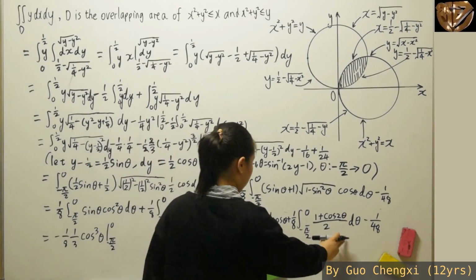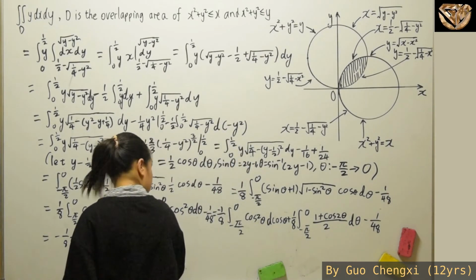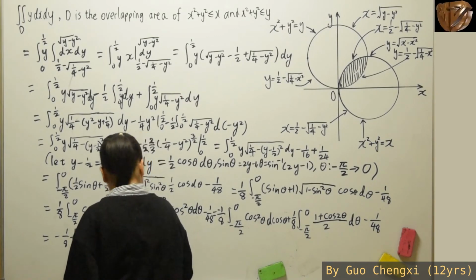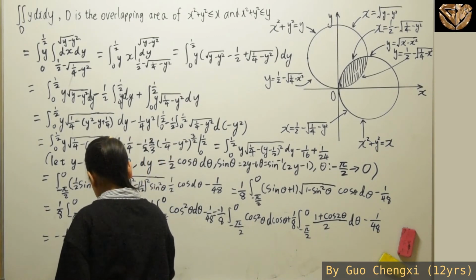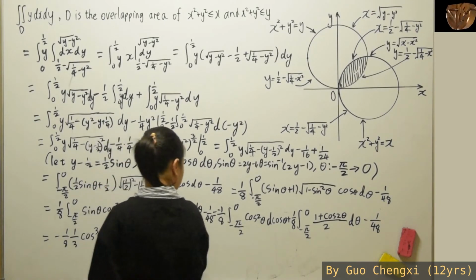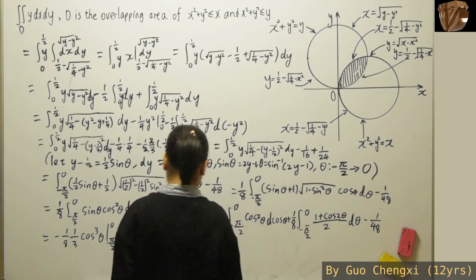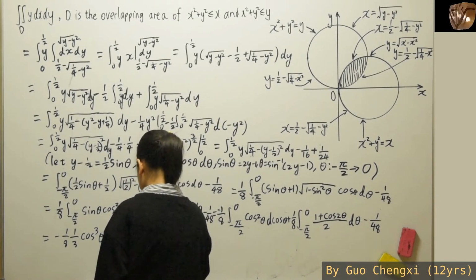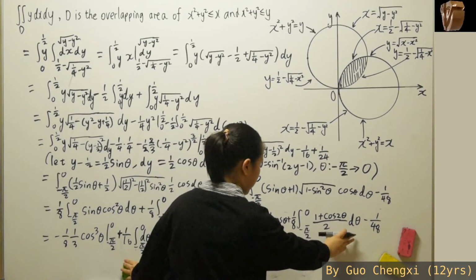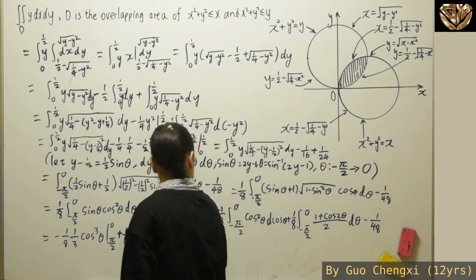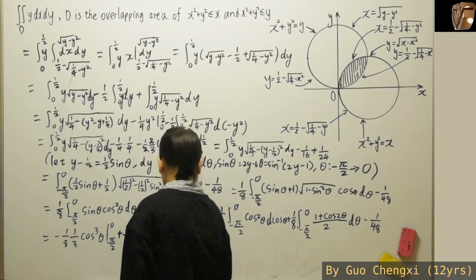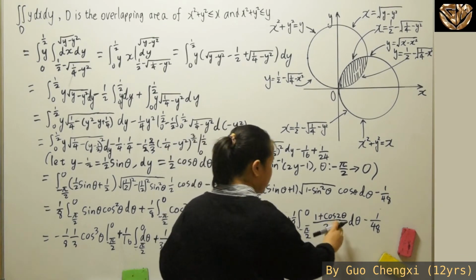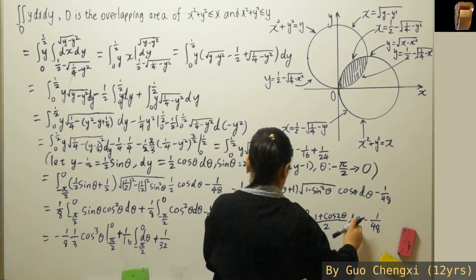While for this other part, the half you can take out and you're going to get like this. While for this other part, you're going to have 1 over 32, because not only do we have this half over here, we have this cosine 2 theta, so you need a 2 theta over here.